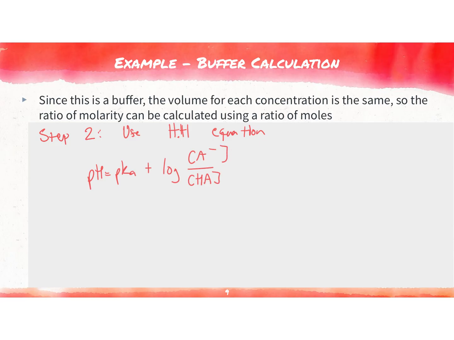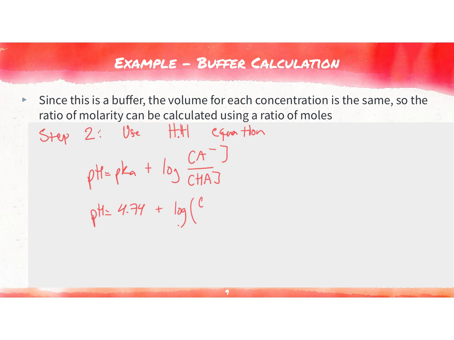Now, in a problem like this, you're typically going to be given the pKa. In this case, the example didn't write it out, but the pKa of acetic acid is 4.74. You will always be given that unless you're trying to find the pKa, in which case you should normally be given the pH. Plus log, and then we just use the values that we calculated on the last slide.